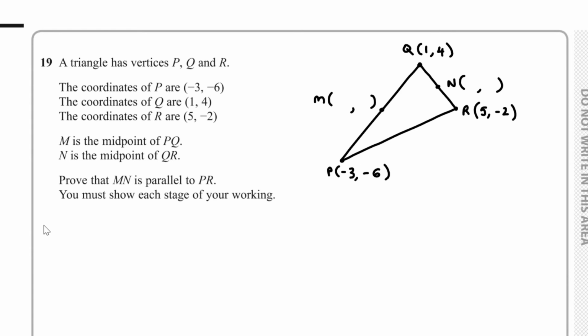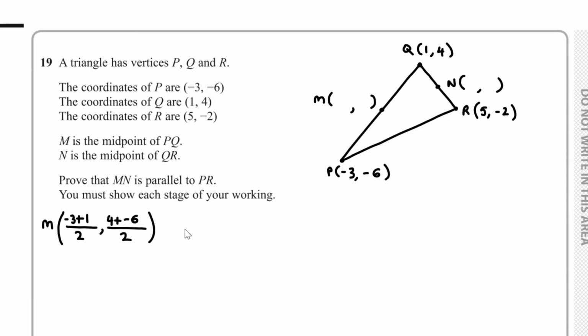So if we work out the coordinates of M, we've got here -3 plus 1 over 2 for the x coordinate, and for the y coordinate we've got 4 plus -6 over 2.